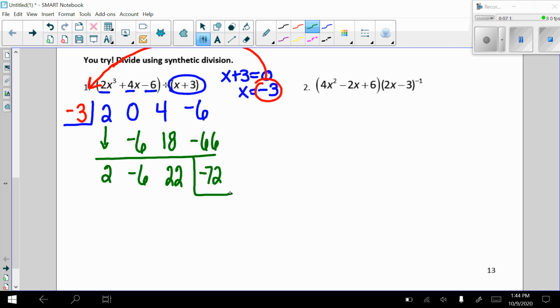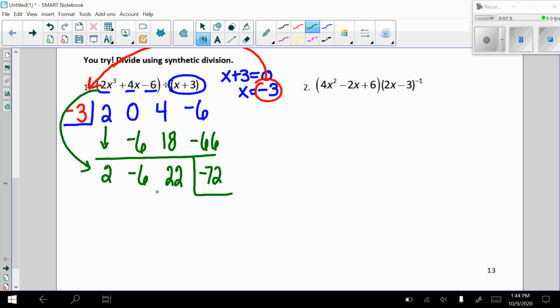Now, you know what's really nice about this? We have a denominator of 1 here, so we don't have to divide anything out. If you divide by 1, it's not going to change anything. But remember, this is going to be 1 degree less than what we started with. It's a depressed polynomial. It's 1 lower. So this was an x cubed, a 3rd degree polynomial.